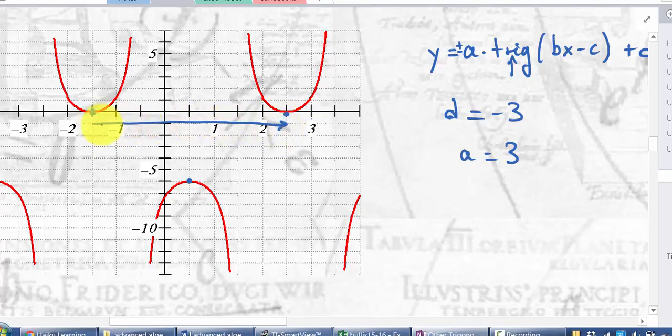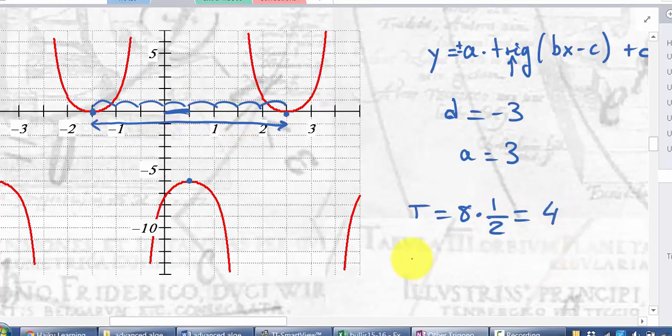Here we go. From here to here, that's a full period, right? So how many tick marks? 1, 2, 3, 4, 5, 6, 7, 8 tick marks. Okay, so a period is 8 times, what's the length of a tick mark? 1/2. All right, so a period is 4.